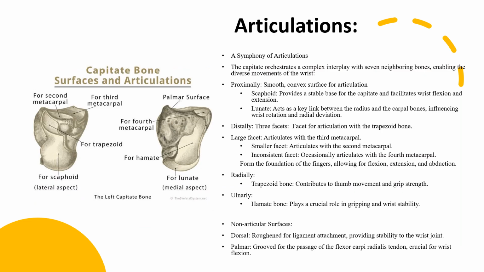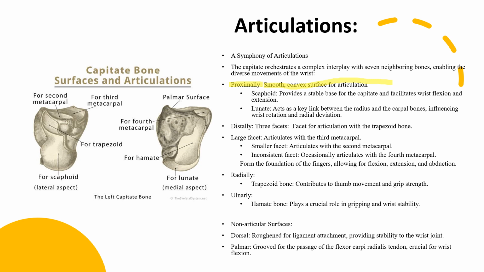When we talk about the articulation of the capitate bone, we find that the capitate has a complex interplay with the seven neighboring bones with different movements. The proximal surface is a smooth convex surface for articulation.